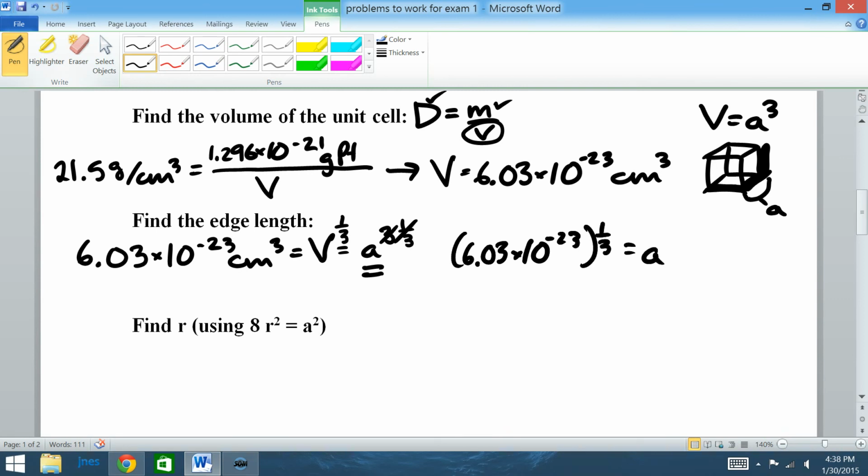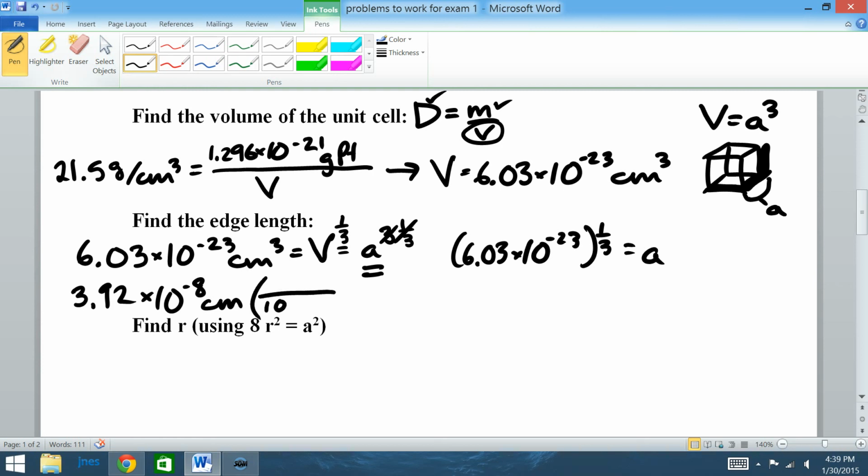And this works out to, let's see, 3.92 times 10 to the minus 8th centimeters. But when we're talking in terms of crystal structures, it's more practical to work on a length scale of the picometer. So let's go ahead and convert.